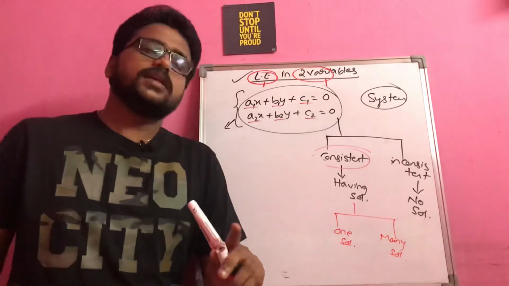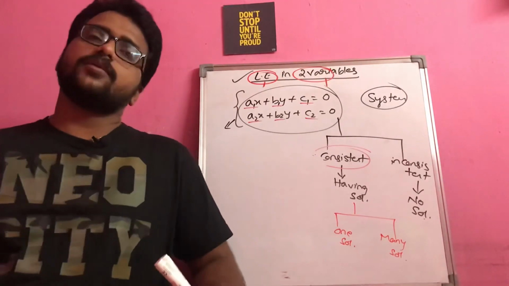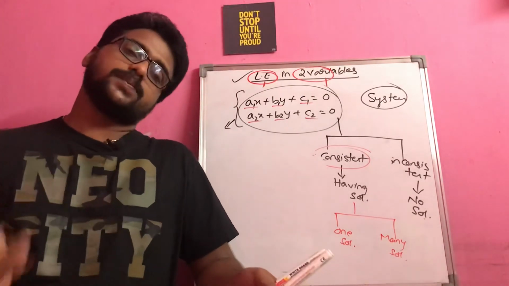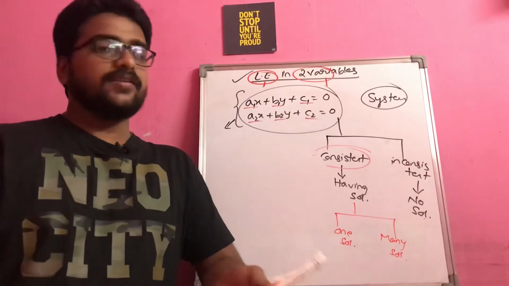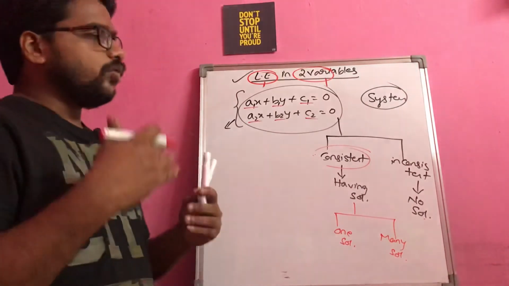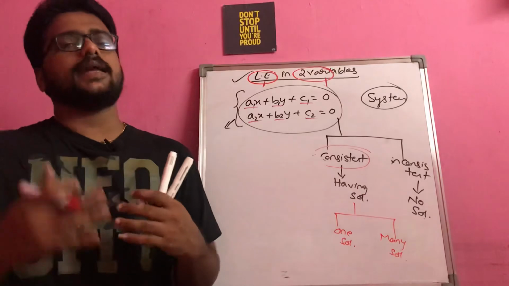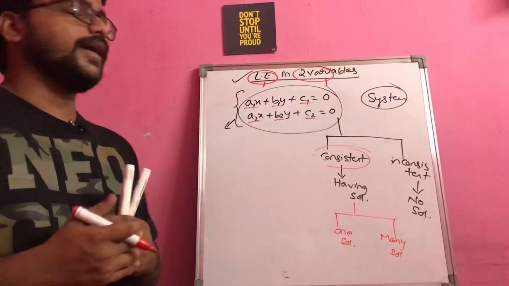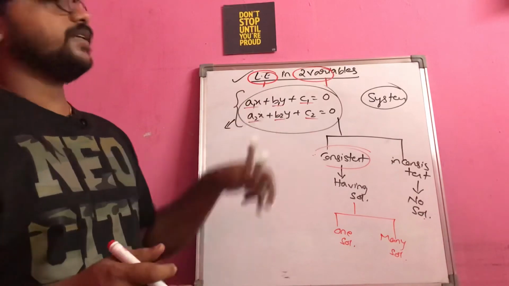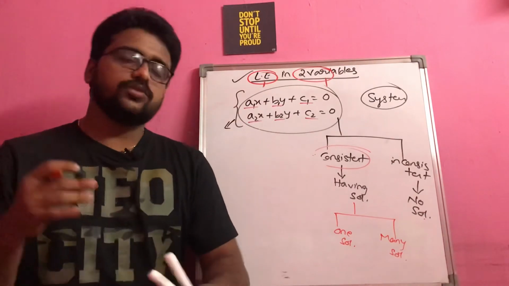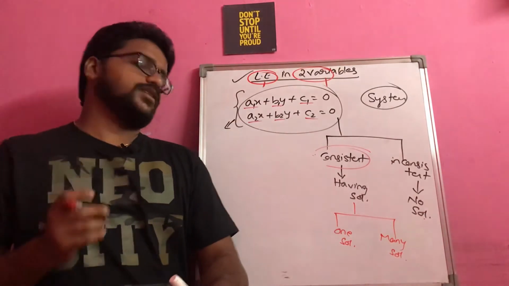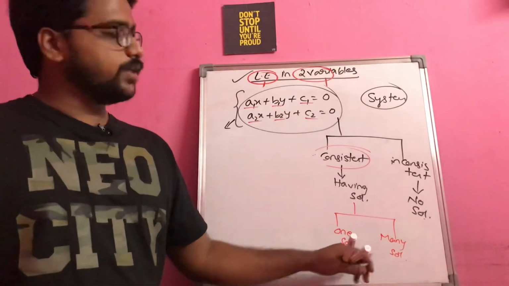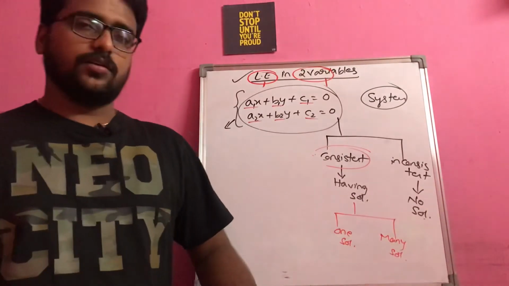Because for these equations, x and y are variables, and the coefficients and constants play an important role. Over a series of examples, they came to one conclusion: based on the ratios of coefficients and constants, we can say whether you have one solution, many solutions or no solution at all, right?